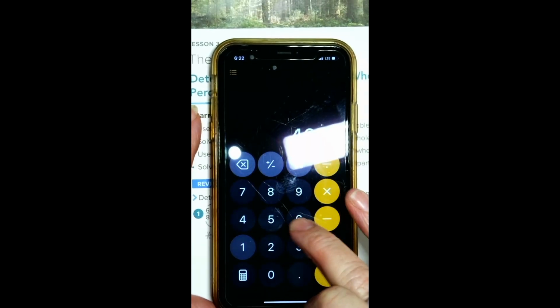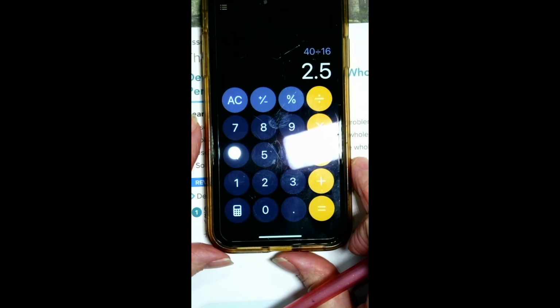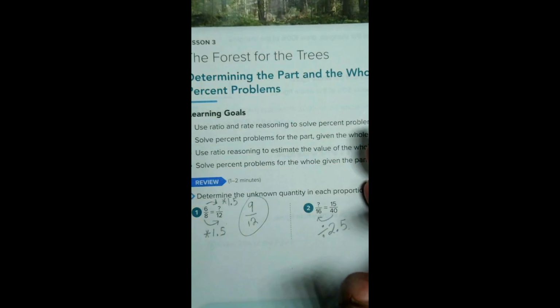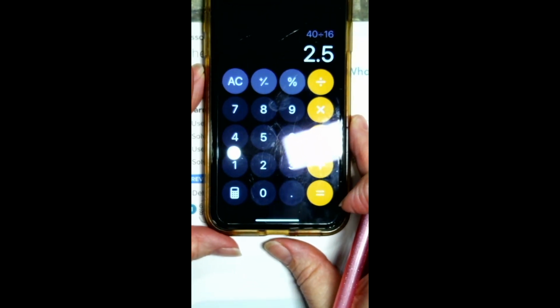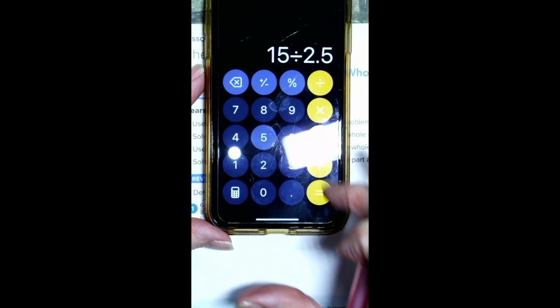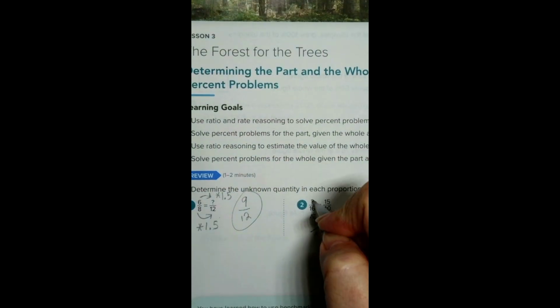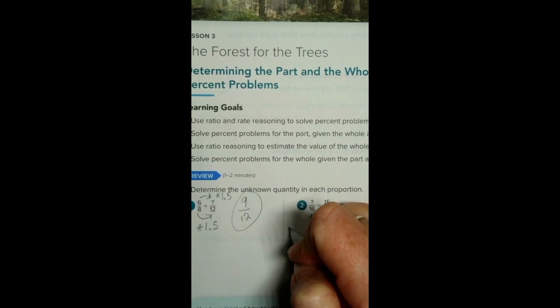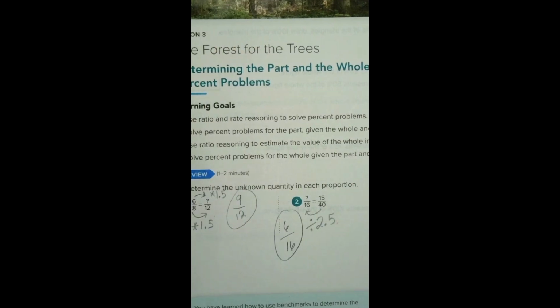Okay. So then 15 divided by 2.5, we get 6. So that question mark equals 6. So 6/16 is our final answer there.